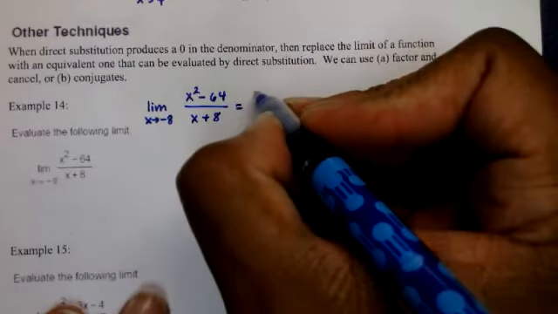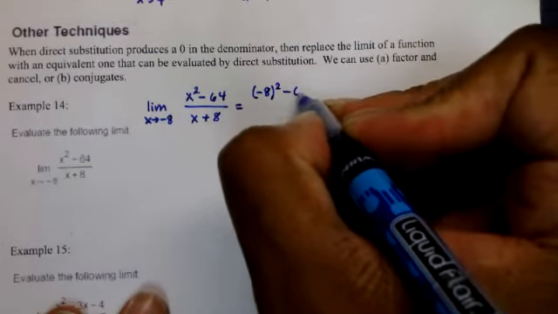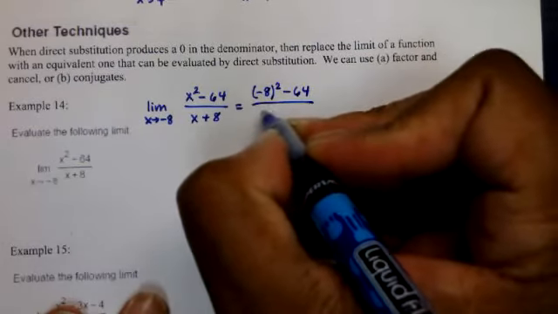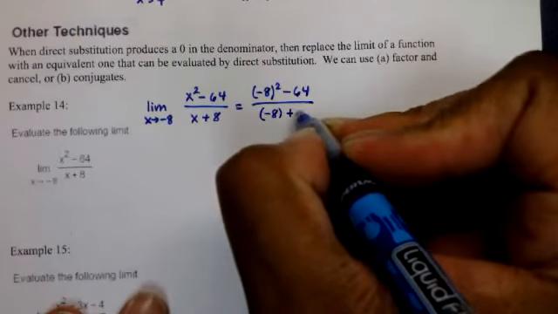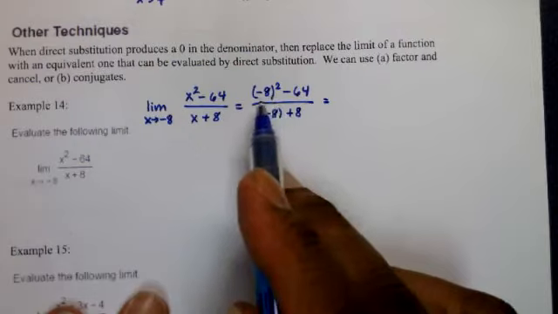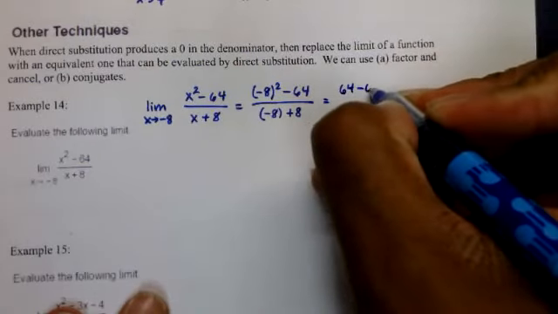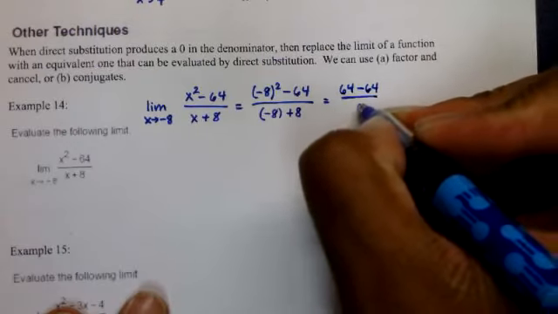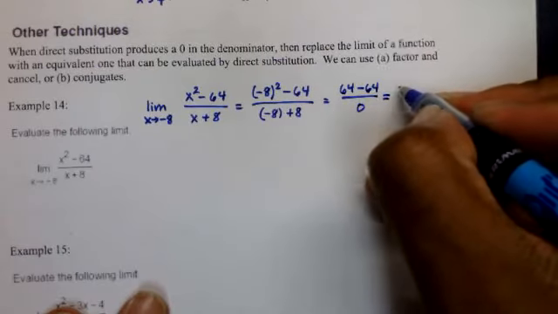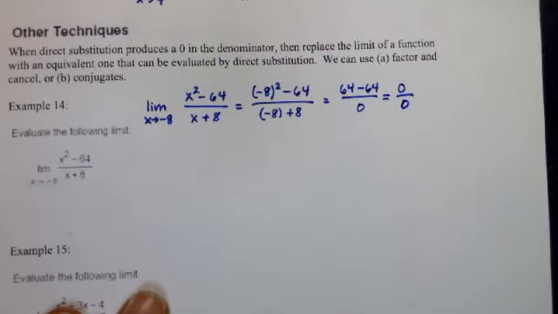Substituting the x with -8 in the numerator and in the denominator, -8 squared is 64, and then -8 plus 8 is 0. 64 minus 64 is 0. Notice I have a 0 over 0.